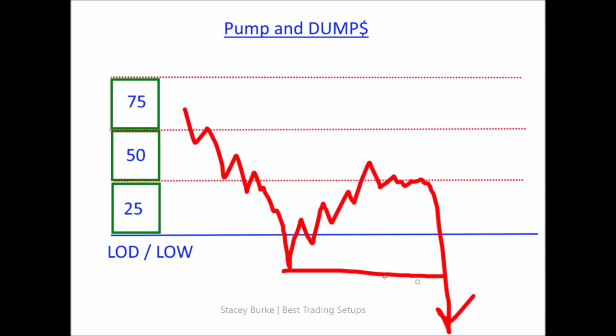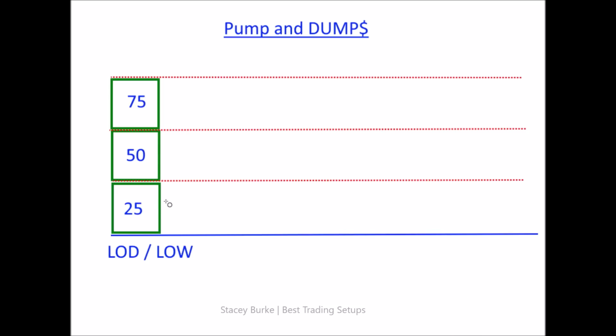So we've taken out the low of the day. We're in a lower 25 pip box. They trade through the middle 25 pip box into the upper 25 pip box before collapsing for a measured move range expansion and the low-hanging fruit continuation trade. Now remember, this is the price increments on the right side of your screen.